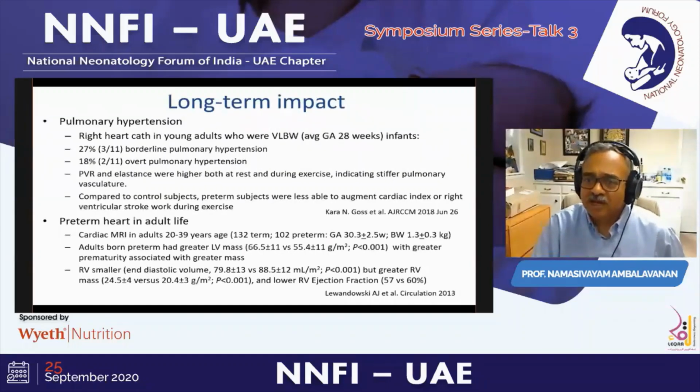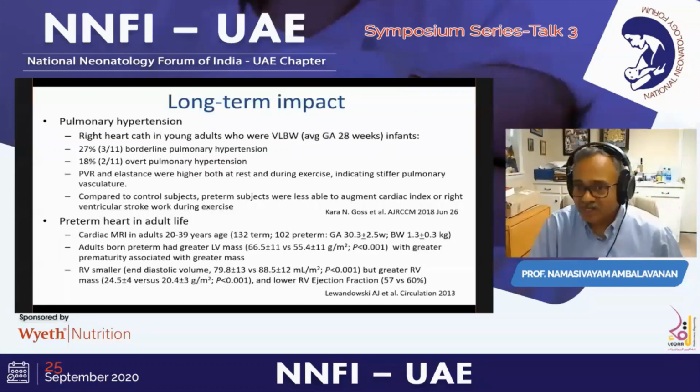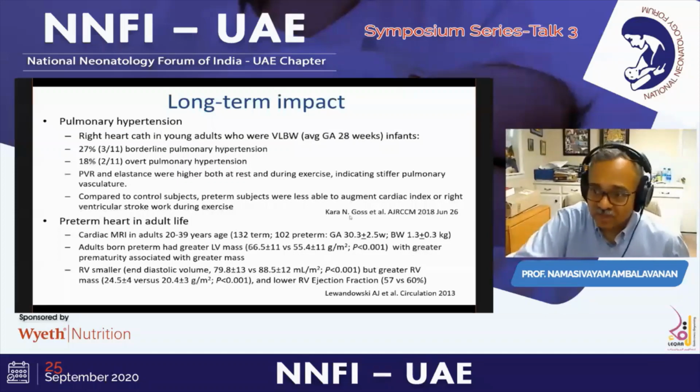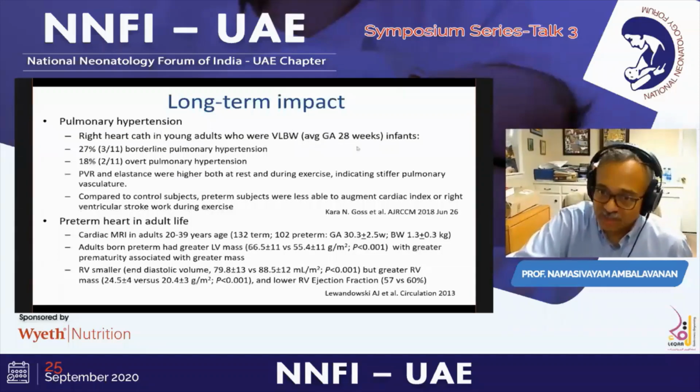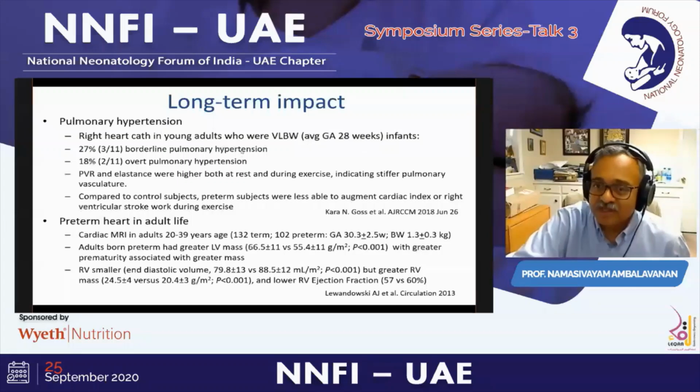And what happens to babies who are born preterm and who don't have BPD, who are doing fine otherwise? If you look at them as young adults, this is by Cara Goss. She took young adults who were very low birth weight, average gestational age 28 weeks as infants, and did a cardiac cath on them, at least a right heart cath. She found that 3 out of these 11 young adults had borderline pulmonary hypertension, and 2 out of 11 had overt pulmonary hypertension.